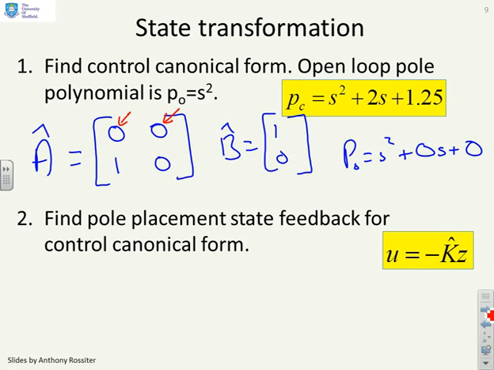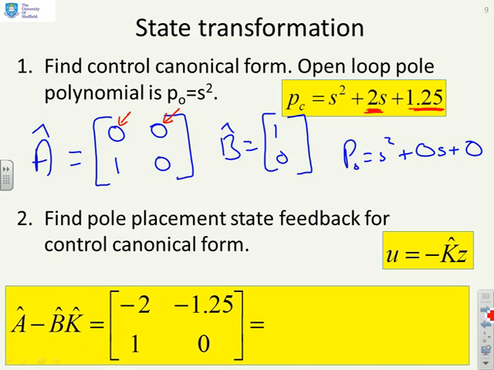Right, next then, what we want to do is find a pole placement state feedback for this control canonical form. Now, what we want to do is get these coefficients on the top row. So we just write that down.